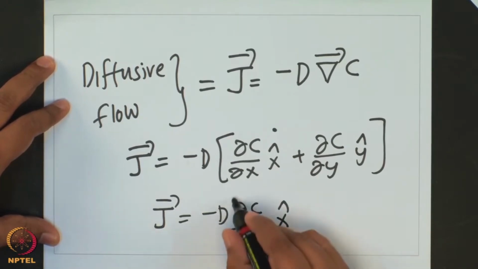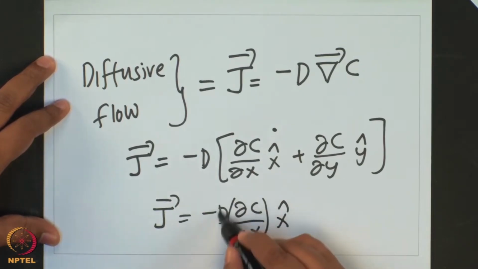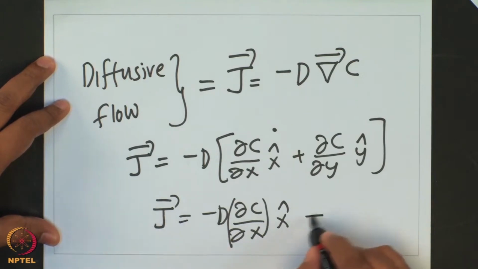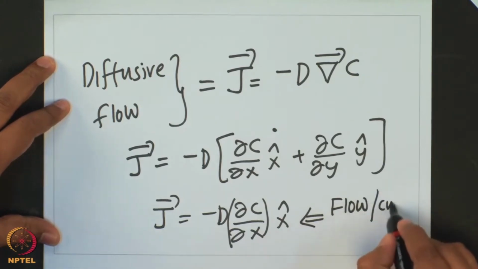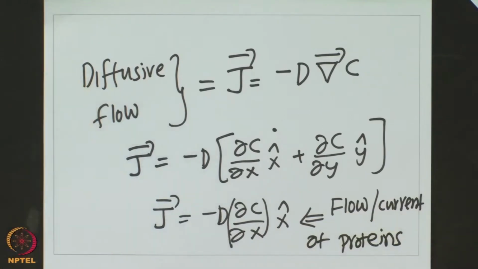So, that is the change in concentration along the x axis, minus D times x cap. This is the flow. This will be the exact amount of flow or current of proteins. We will come back and understand this a little bit more in detail soon.